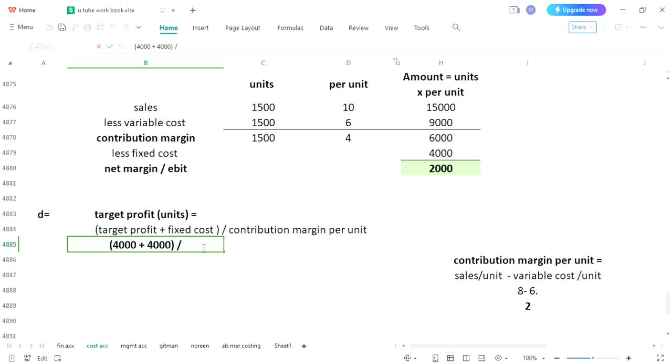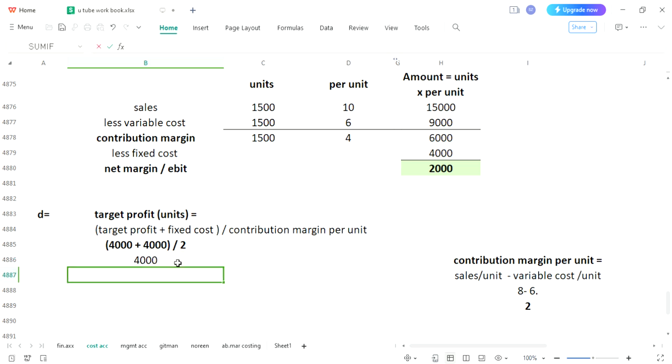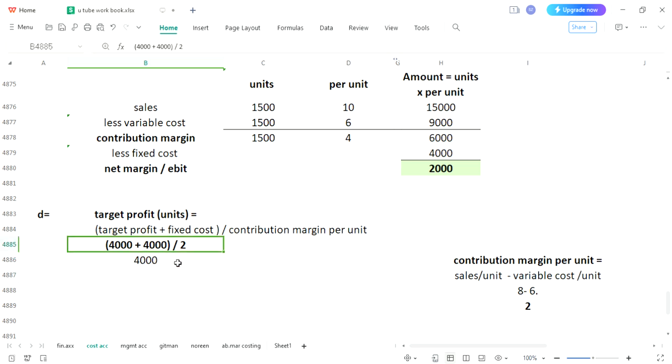Okay guys, so we need to put the contribution margin per unit, which was calculated as 2. The statement is completed. Now you can put it on the calculator. 4,000 plus 4,000, 8,000, and you need to divide it by 2. This way you have calculated your target profit unit.